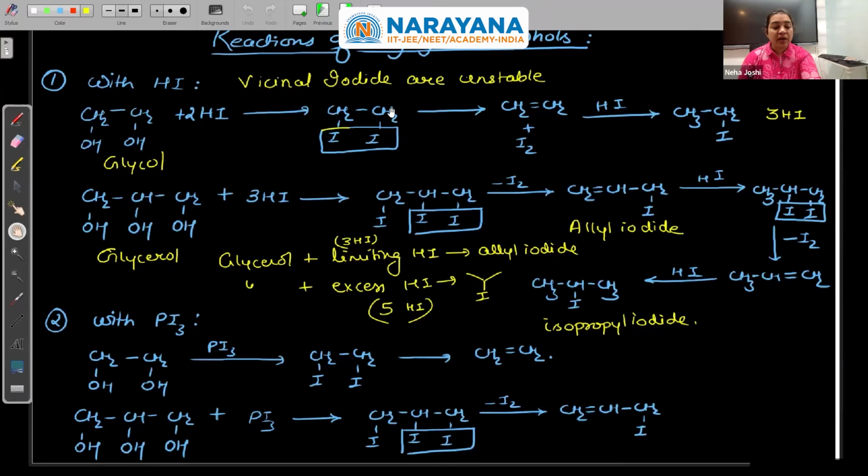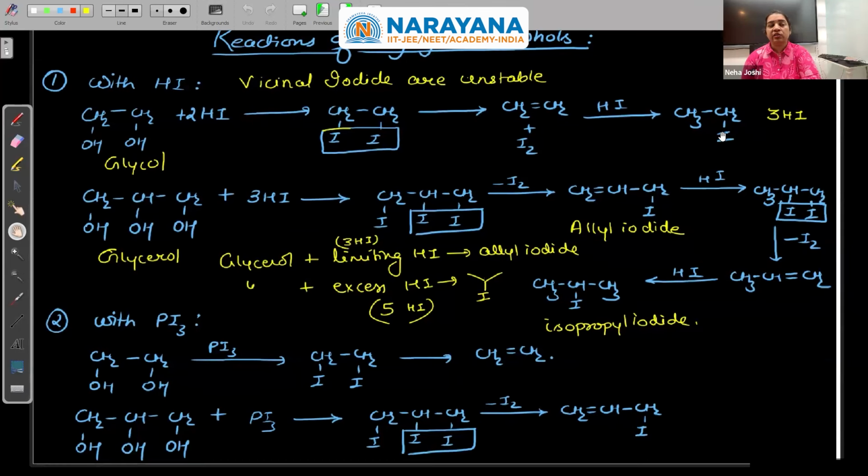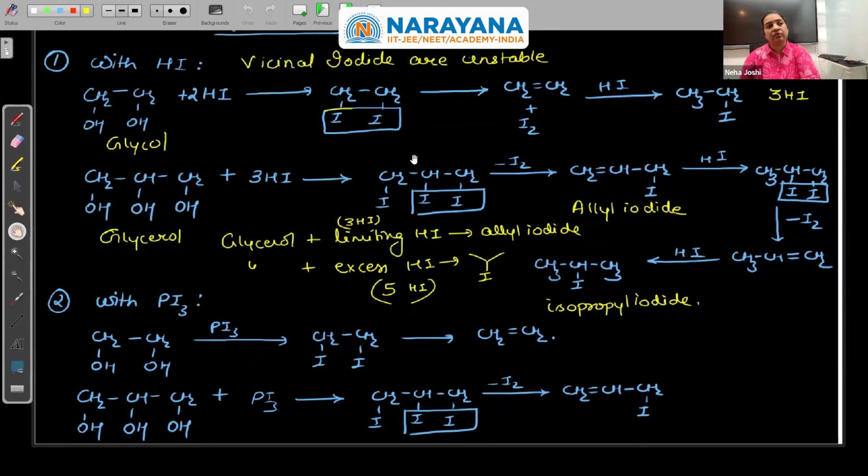You can form iodoform, but you cannot form this type of vicinal triiodo situation. That we cannot form. Is that clear? So CH2OH, CH2OH forms CH2I, CH2I. Vicinal ones are unstable, so they will be removed. Alkene is formed. Further add HI, and iodoalkane is formed.